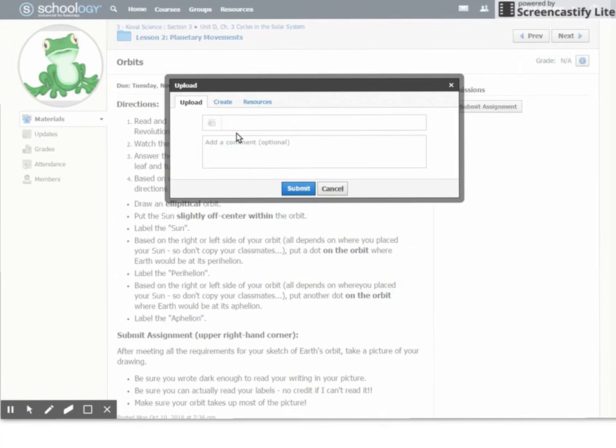I'm on my computer, so that's why it's different. You're going to say take picture. Stand up to take the picture, and make sure when you take the picture you look, can you read everything? Because if I can't read it, you don't get credit for it. So it needs to be a nice clear picture where you wrote dark enough that I can read it, and then hit submit.